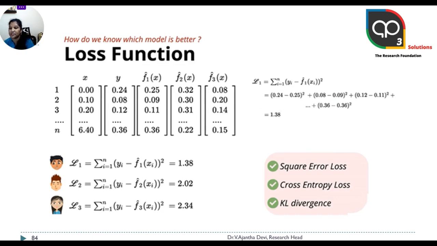And dear friends, we are going to do different types of loss functions later. One is what I have just described, the squared error loss, which I have already given you an intuition about, and we will talk about it in more detail later. The other loss functions that we will talk about are the cross entropy loss, and the third is the KL divergence loss function.